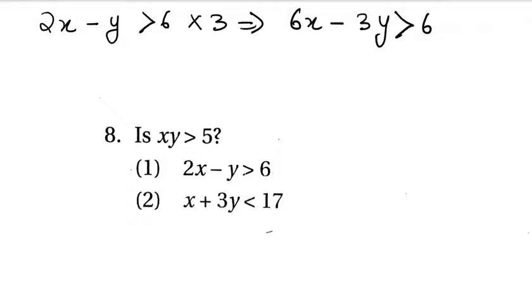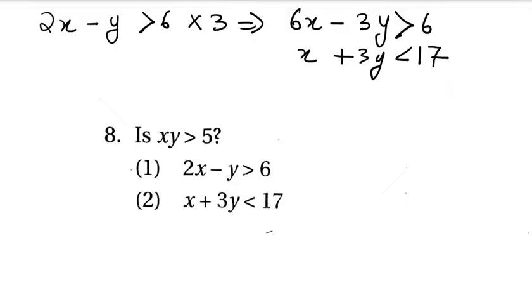Okay, now let's do for the next one. That next inequality is 6x plus 3y is less than 70. Alright, now just notice this, these two values have different signs, right?